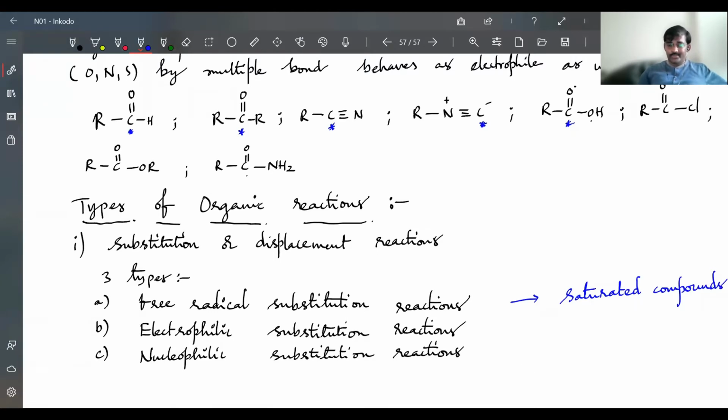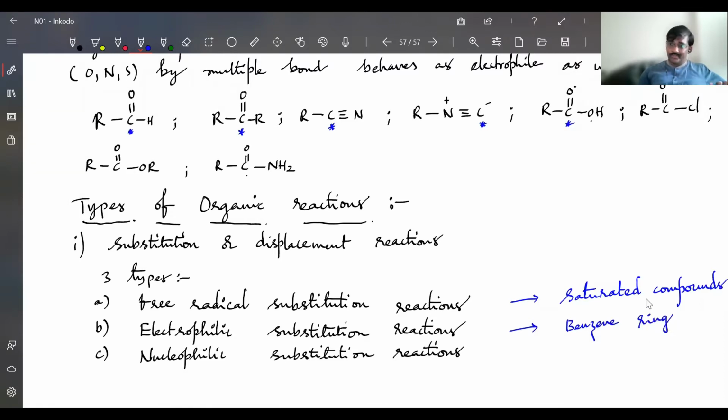When it comes to electrophilic substitutions, we mostly see them on the benzene ring. Benzene ring generally undergoes electrophilic substitution reactions.